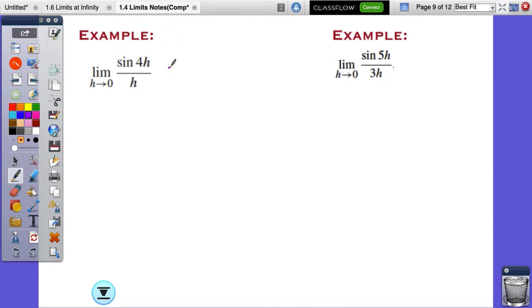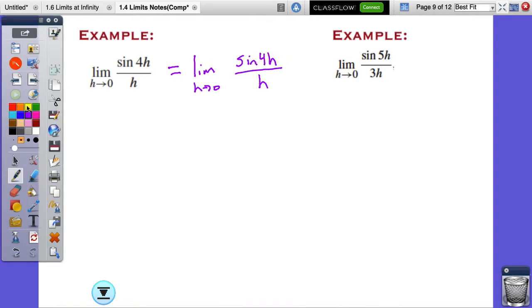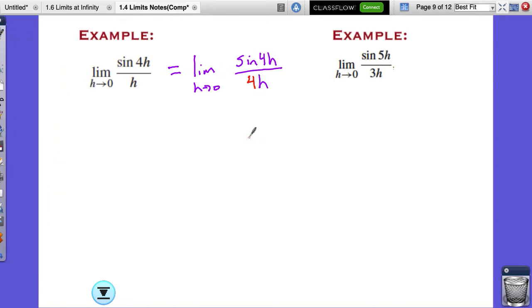I'm going to rewrite this as the limit as h approaches 0 of the sine of 4h, and I want there to be a 4 on the bottom, because if the denominator and the inside of the sine are the same thing, I know that whole thing is 1. But if I put a 4 on the bottom, I've changed the value of my expression.